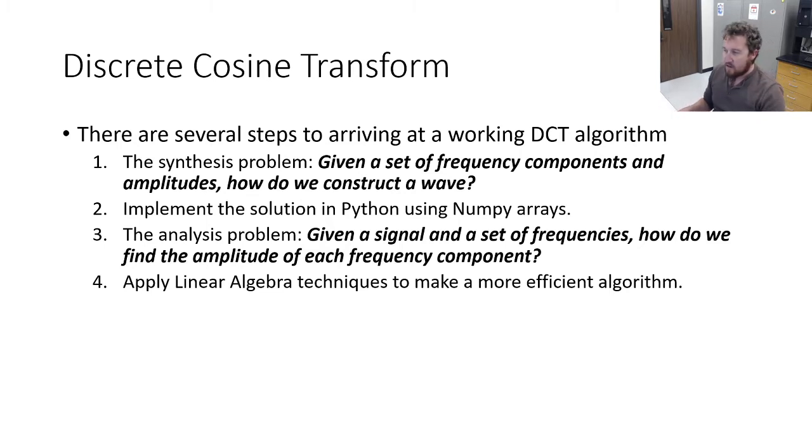We have the frequency array, but we need to figure out what the amplitudes of each frequency component are. And then we're going to apply some linear algebra techniques to make it a more efficient algorithm. We're going to use matrices and vectors instead of for loops in order to make it quick and efficient. So that's the basic gist of what we're going to do as we build towards the discrete cosine transform.